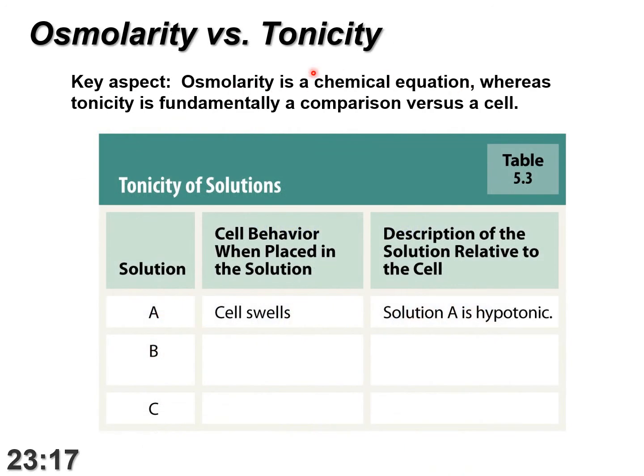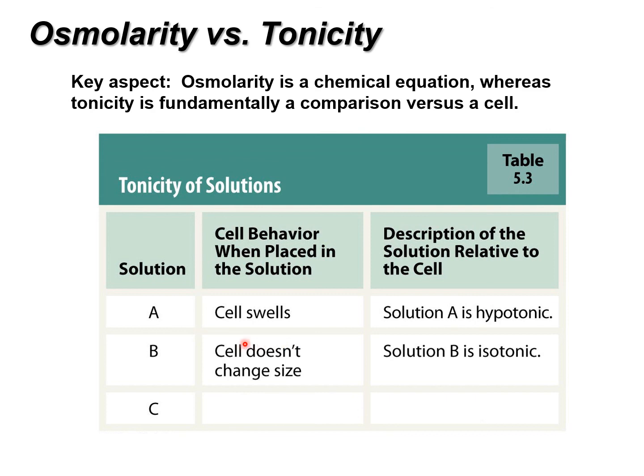So osmolarity is the chemical concentration, but the tonicity is how the cell is affected. So if we take some cells and we incubate them in a solution and the cells begin to swell, that means that solution A is hypotonic. Regardless of osmolarity, it's hypotonic.